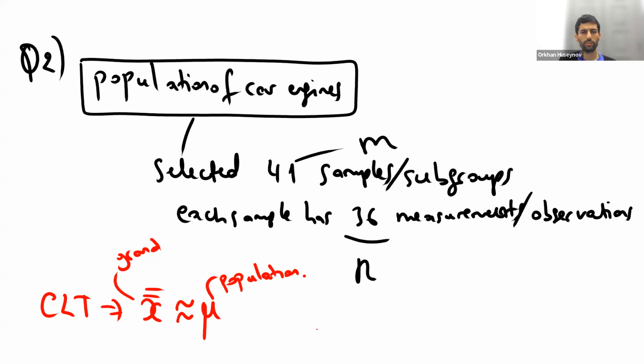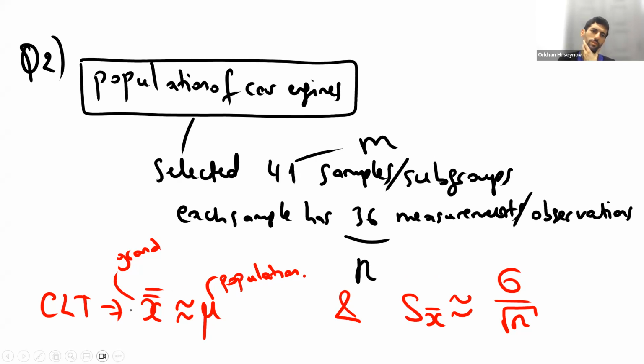This is the first part of the central limit theorem, and the second part says that the standard deviation of the average is the population standard deviation divided by the square root of n. This is the second part of the central limit theorem. So this one is part A, and this one is part B.